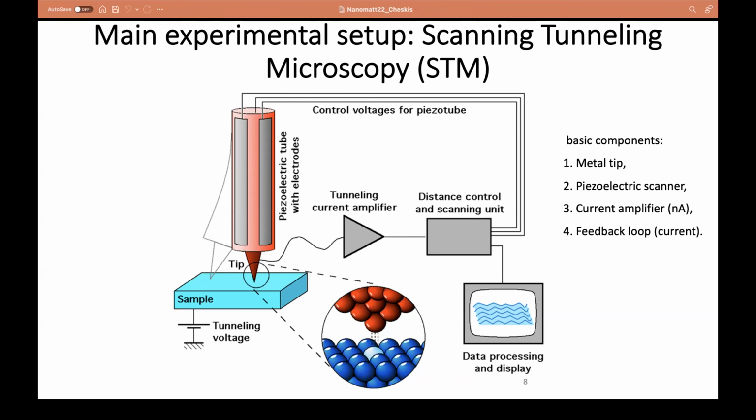Moreover, if we differentiate this signal, we can get the change of this current as a function of voltage, and this is similar to the electronic distribution over energy levels of the material. This way we can measure the density of states for this material.